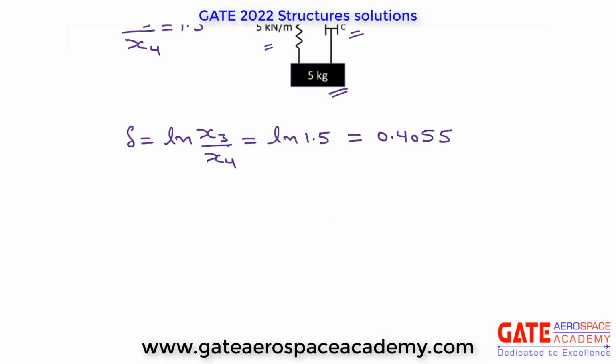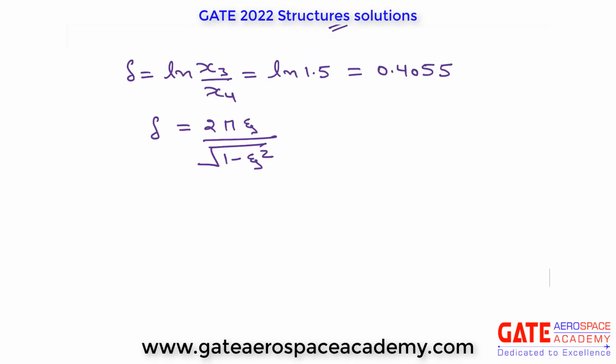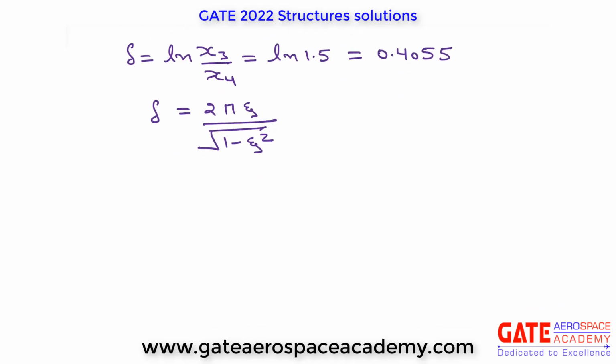We also know the relationship between logarithmic decrement delta and damping ratio zeta, that is delta equal to 2 pi zeta upon under root 1 minus zeta square. Let's find out zeta. So delta is equal to 0.4055 is equal to 2 pi zeta upon under root 1 minus zeta square.